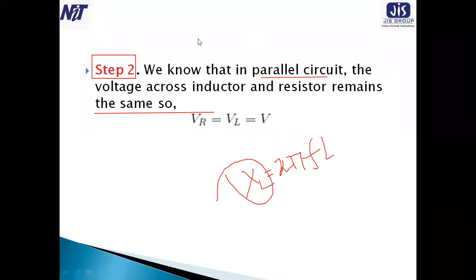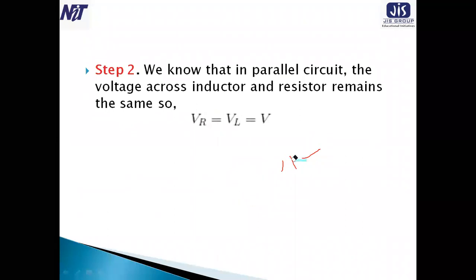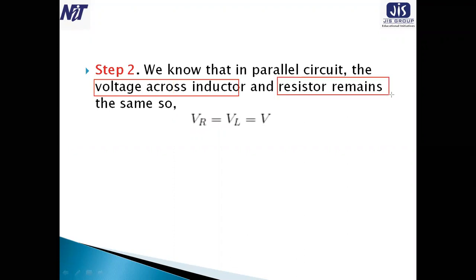Now step 2. What is step 2? We know that in a parallel circuit, the voltage across the inductor and the resistor remains the same. We already talked about this topic. So VR equals VL equals V, the supply voltage.